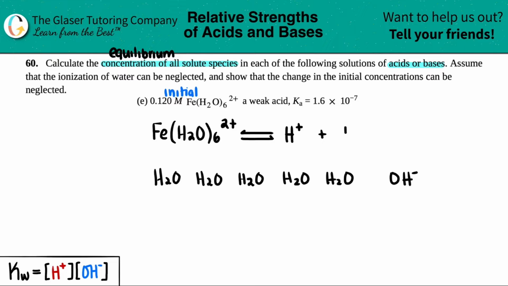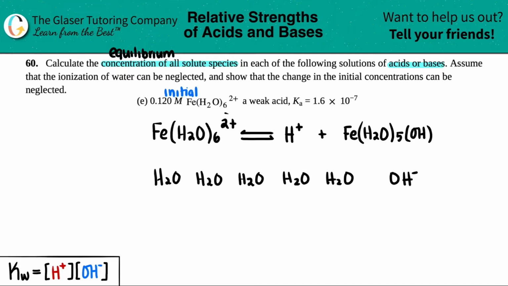So I'm going to say I have Fe, H2O, but now I have 5 of them and the remaining OH. So maybe I'll put that in parentheses just to set it apart from the H2Os. You don't have to put it in parentheses, you could just say OH, but I think the parentheses looks better.